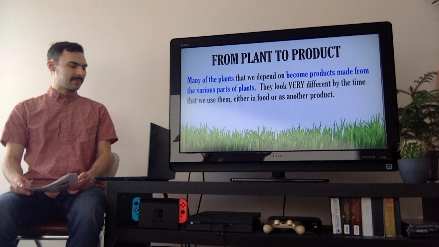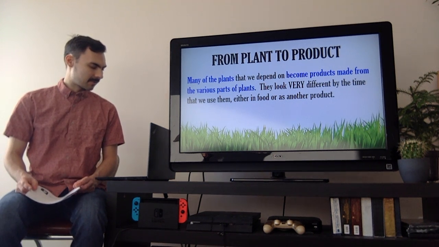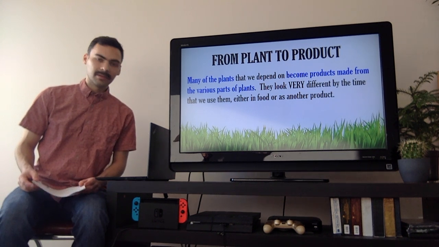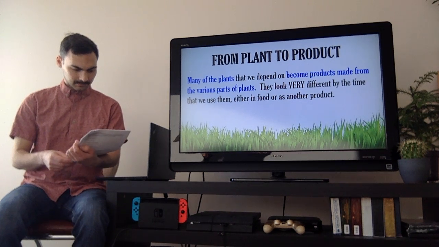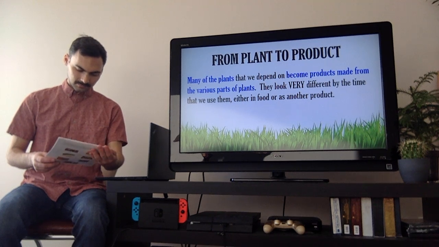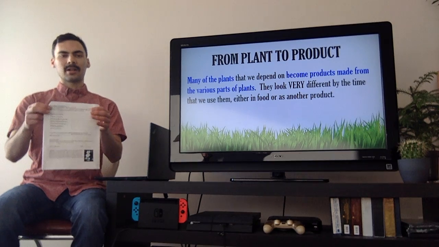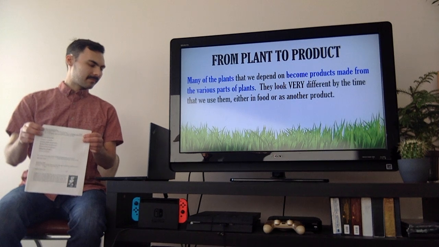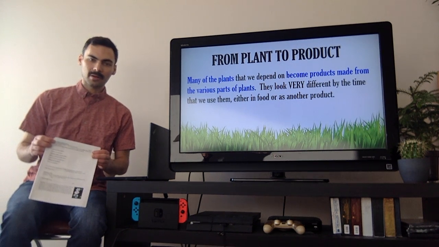Many of the plants that we depend on become products made from the various parts of plants. They look very different by the time that we use them than from when they were a product. That is at the top of your page right here. It reads again, many of the plants that we depend on become products made from various parts of plants.